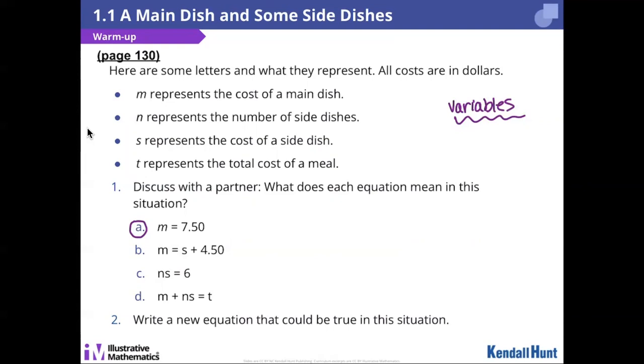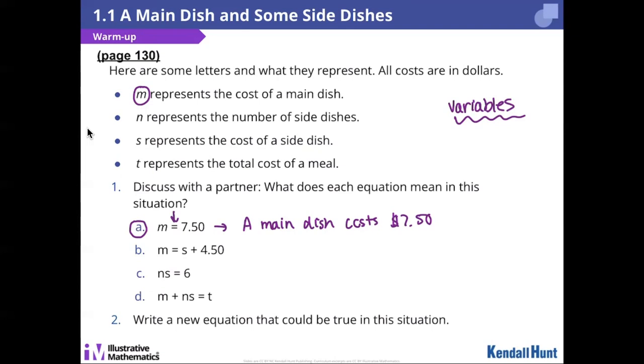Now, when I read this, because M is the variable that's involved, since that's the cost of a main dish, it's telling me a main dish costs $7.50. That equals sign does something pretty specific. Equals in real life really just means is. So it's saying a main dish is $7.50.